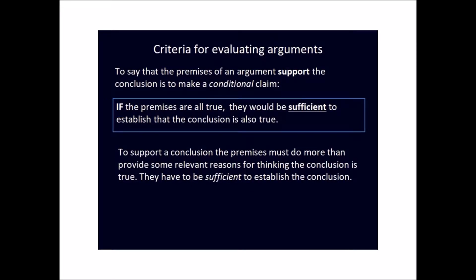I do want to emphasize this point, that for premises to support a conclusion in this conditional sense, they have to be sufficient to establish the conclusion. So it's not enough just that they provide a little bit of relevant evidence for the conclusion. They have to be sufficient. If you accepted the premises, that would give you a sufficiently good reason to accept the conclusion.